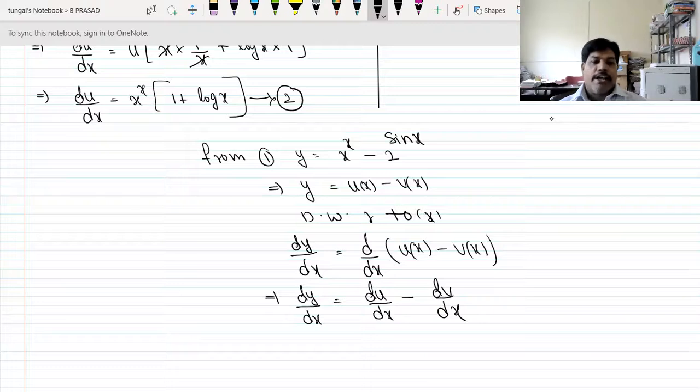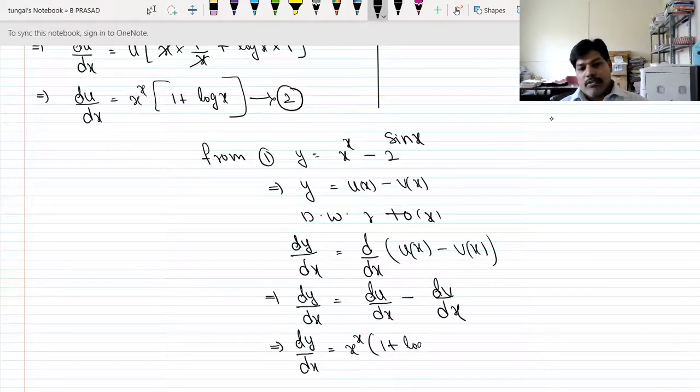So already I know dy by dx is equal to, from equation number 2, what is du by dx, students? It is nothing but x power x into 1 plus log x, minus, what is dv by dx?